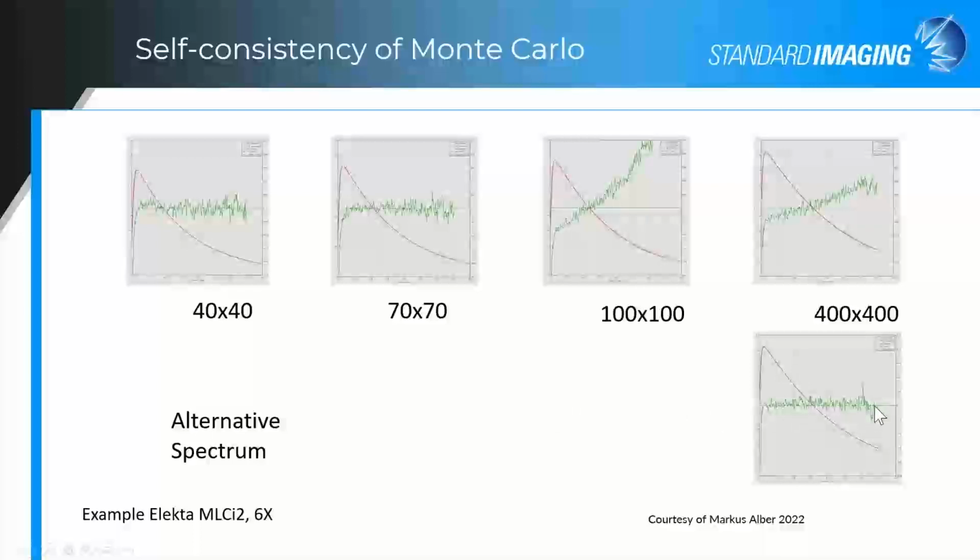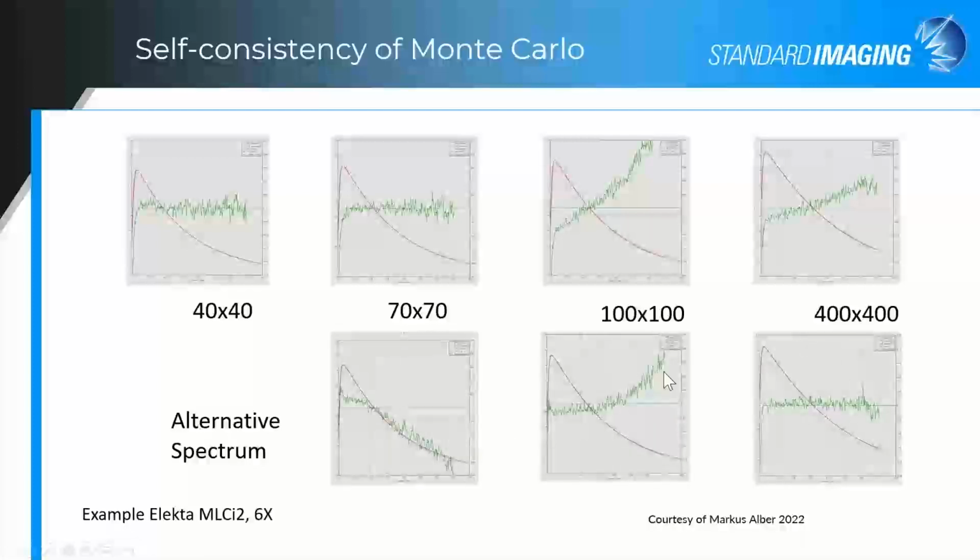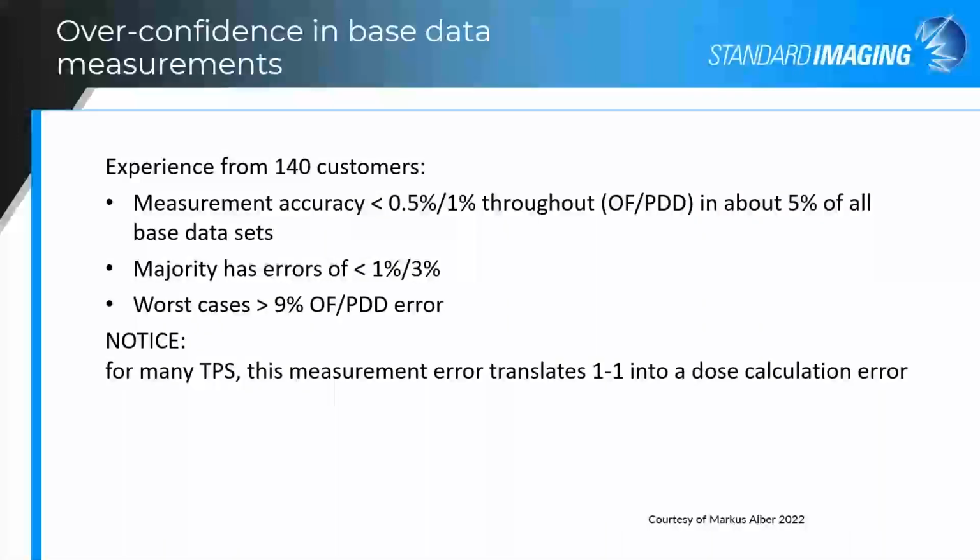Trying an alternative spectra, you see really good results here for the 40 by 40 field, and then some differences for the 7 by 7 and the 10 by 10. So one optimizes on the spectra until good agreement is seen across the range of field sizes. And a similar method is used for each of the fitting parameters, such as the source size, etc.